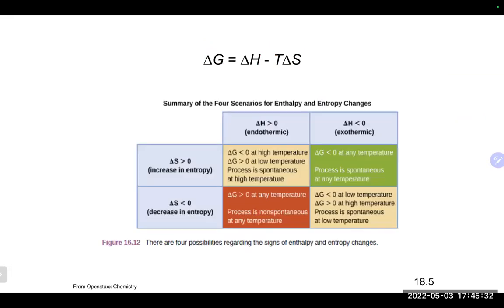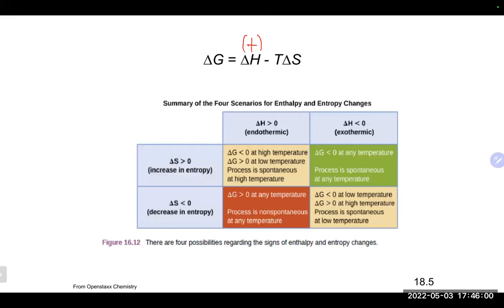So we could actually use this equation here to figure out whether or not a reaction will be spontaneous or non-spontaneous based on the sign that we see for H and S. If we have delta H that is an endothermic reaction, it would be a positive number.